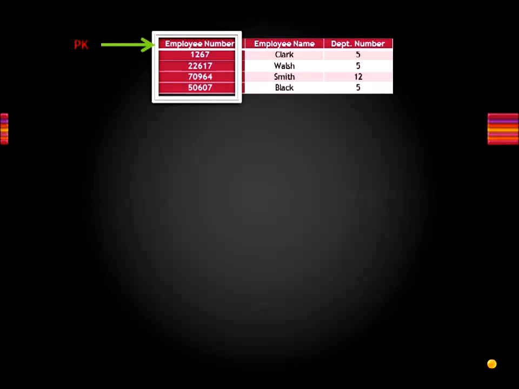For example, all you need to know is the employee number in order to be able to find the information of that employee. If I tell you who's employee number 1267, you can simply go to the table, find that employee number, and extract the name and department number of that employee.